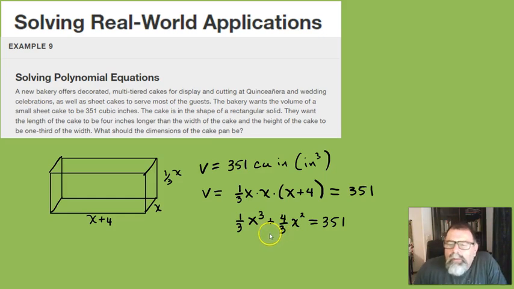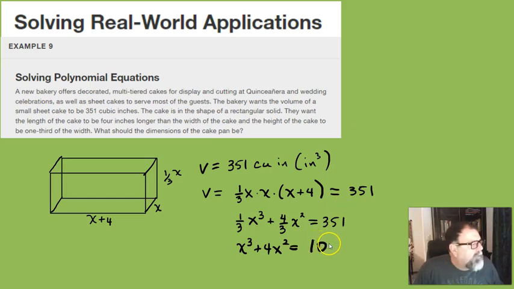And now we want to solve this. Let's multiply everything by 3 to get rid of the fraction. So x cubed plus 4x squared equals 351 times 3, which is 1053.